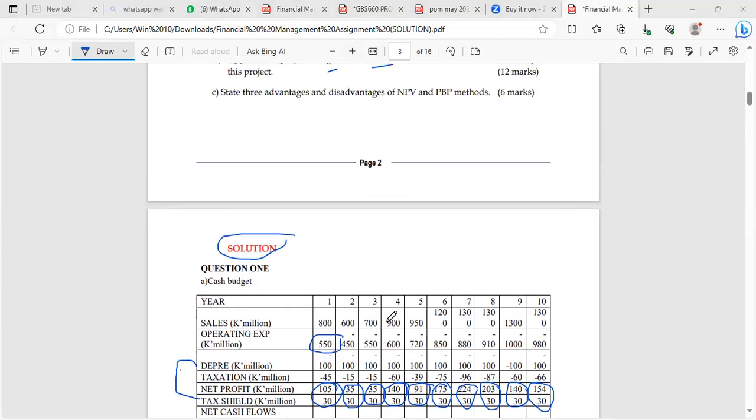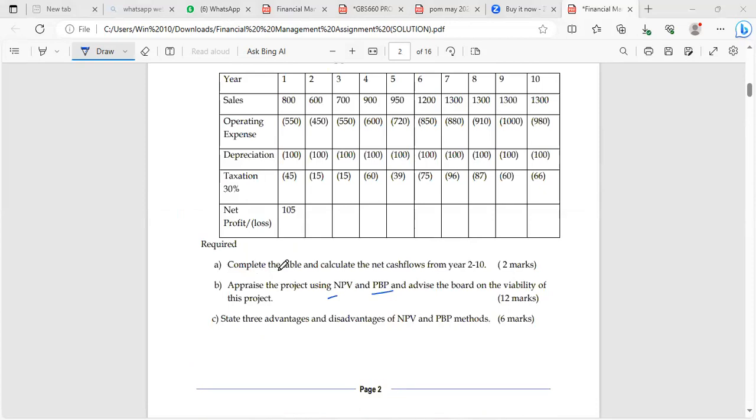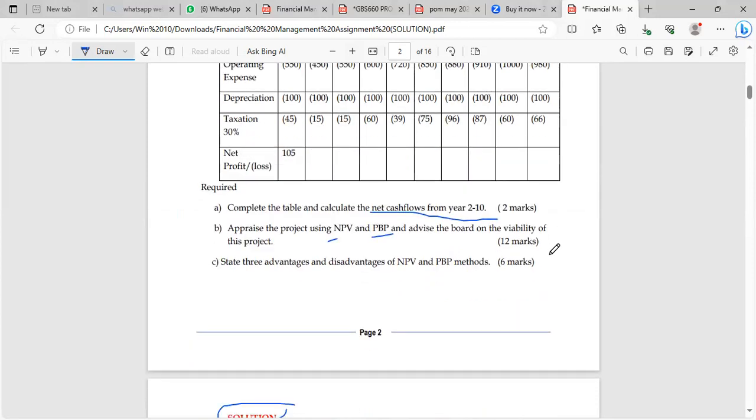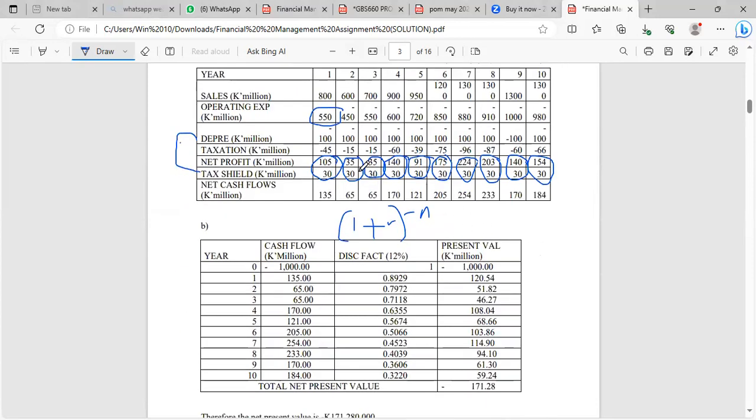Because the first question says complete the table calculating the net cash flows from year 0 to 10. So those ones were this column. And then from here, you discount this to find the present values, where we are getting these ones.